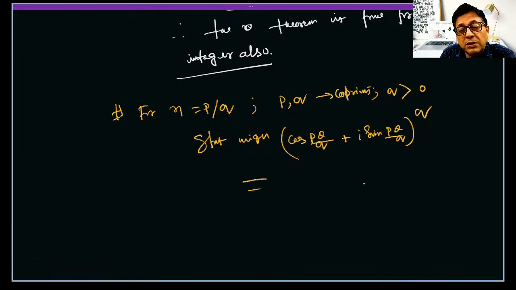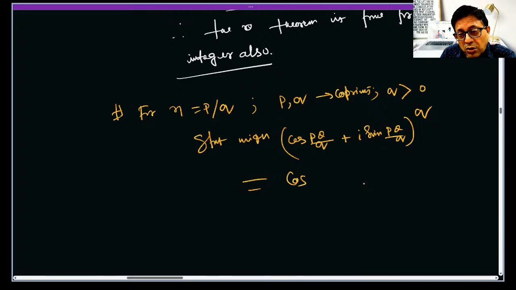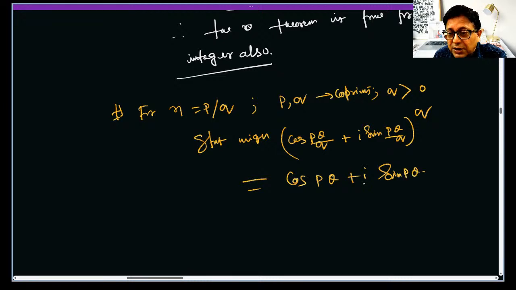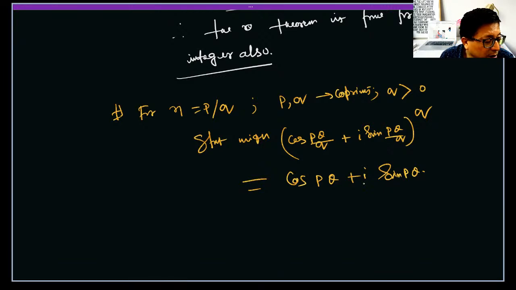So this gives us what? cos pθ + i sin pθ, isn't it? For this angle θ/q, if you multiply by q, then it is going to be cos pθ + i sin pθ.